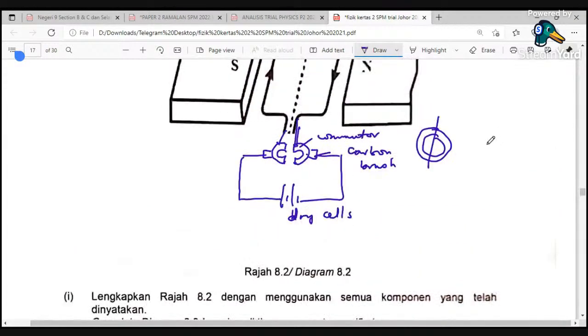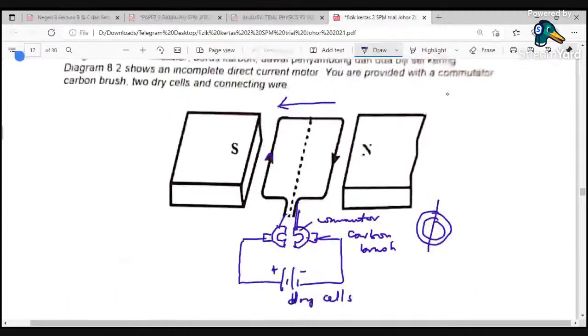So current flows from positive to negative, you can see the arrow is marked, so here must be positive and this is negative. Okay, Fleming's left hand. Put your forefinger from north to south like this, into the screen. Then your thumb will be upwards, which means the force F. If this is up, this must be down because there is one pair. It will rotate from here to here, so it will be a clockwise direction.